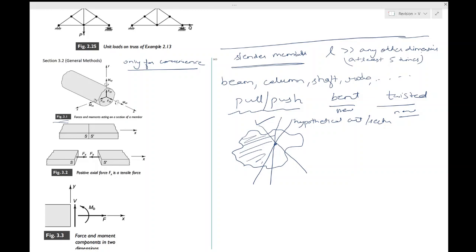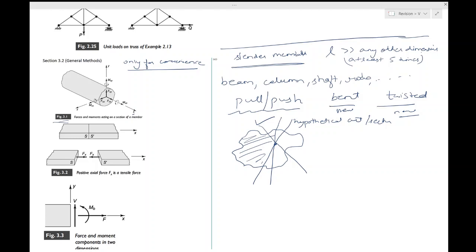In reality, you don't start cutting a solid. Okay, this is just a visualization which you have to do. So in this case you have the x-axis which is along the axis, which you can see over here. It has been oriented so as to coincide with the longitudinal axis of the member.